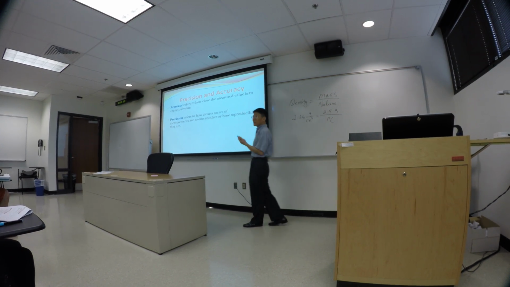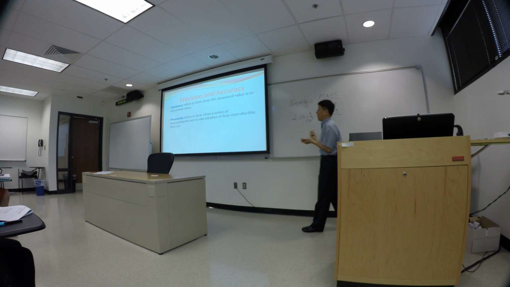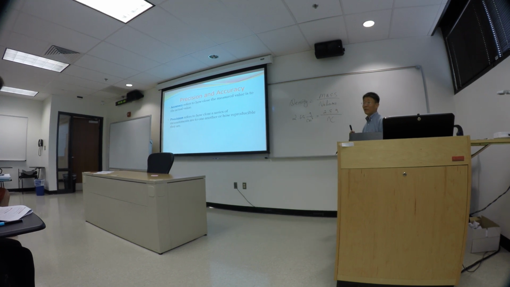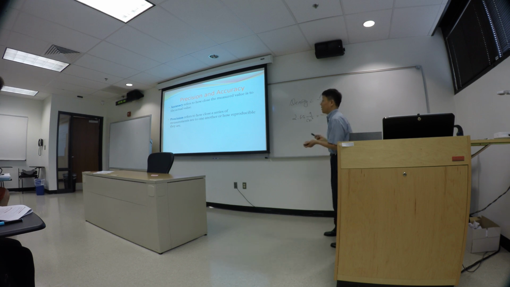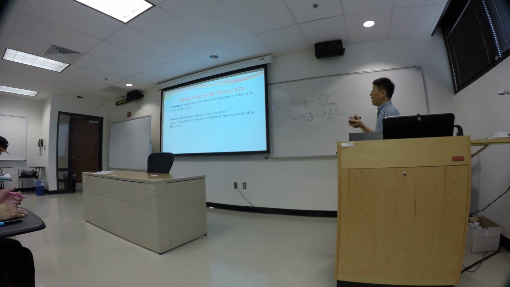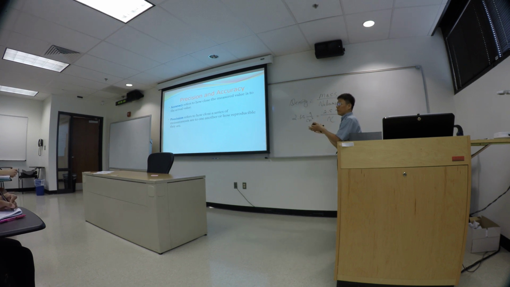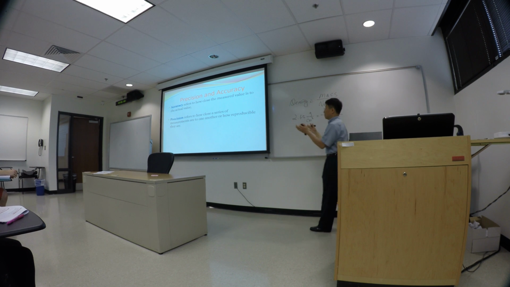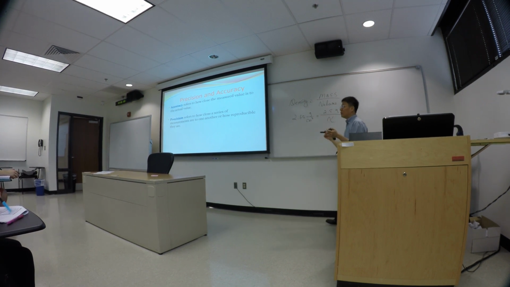So what's the difference between those two terms? Accuracy versus precision. They are not the same thing. Accuracy refers to how close the measured value is to the actual value. If we have a standard, say a piece of wood, we know the standard value is 10 centimeters.